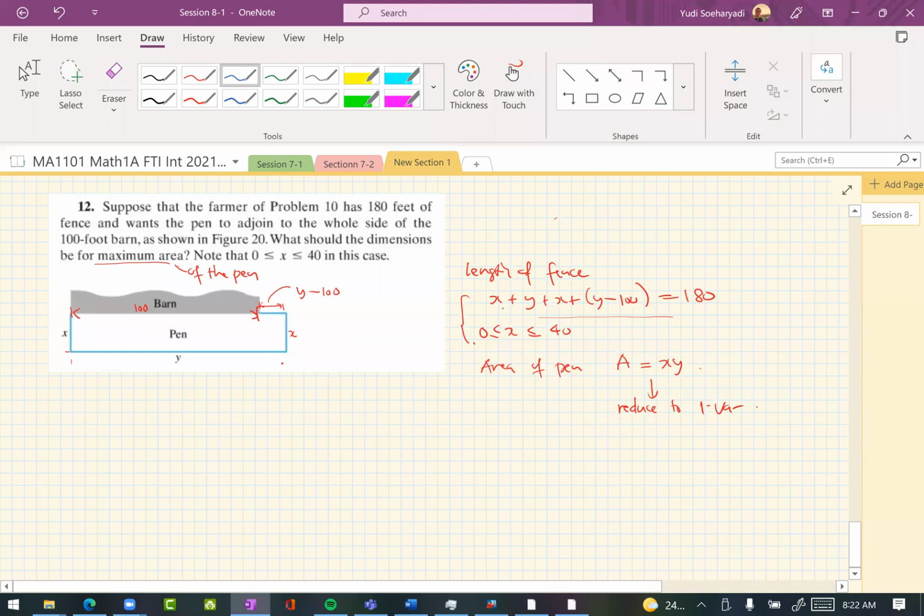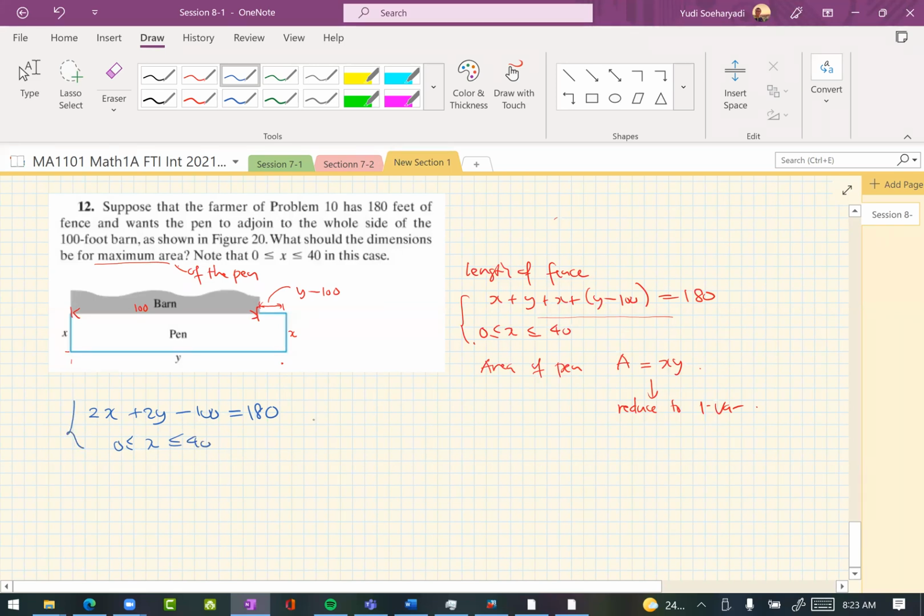Okay. For the length of a fence, we have 2X plus 2Y minus 100 plus 180.